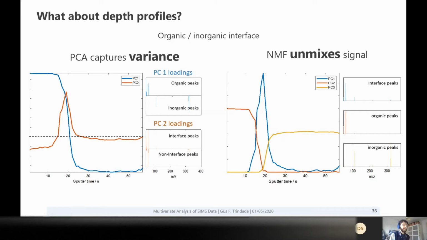In this specific case, the way I got to this point was I did PCA first and identified 2 different regions with different chemistry, so the inorganic, the organic, and the interface. And then I did NMF and told the algorithm to find 3 components. That's a common question: how to define how many end members there are.